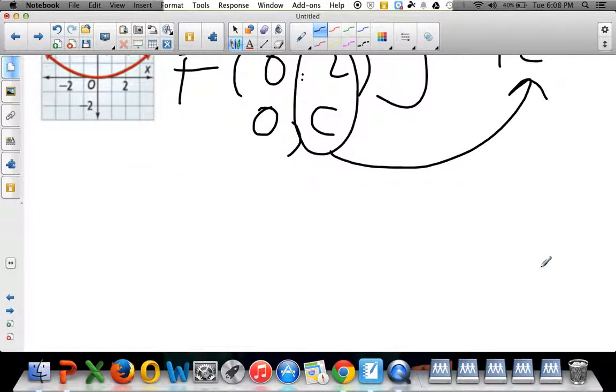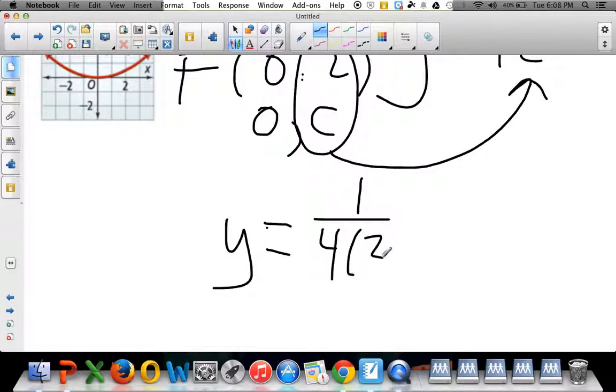So I'm going to have y equals 1 over 4 times 2 times x squared.